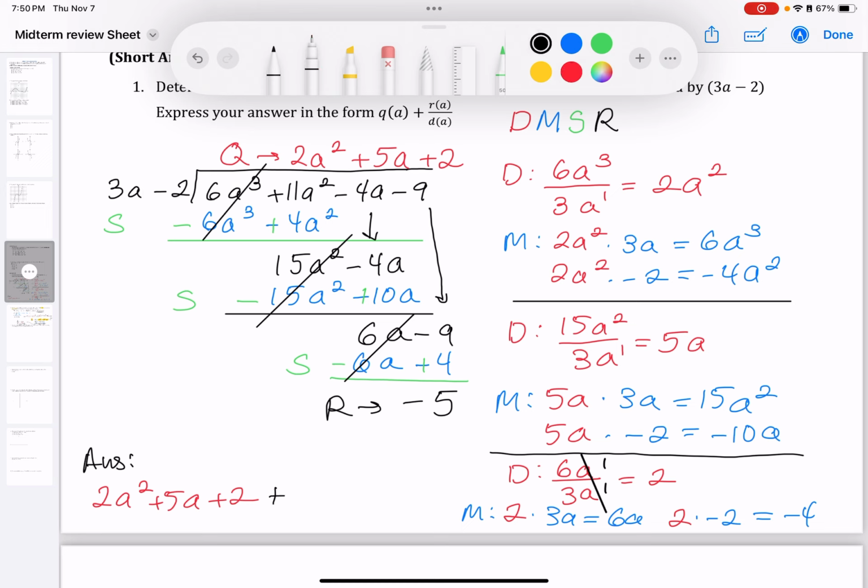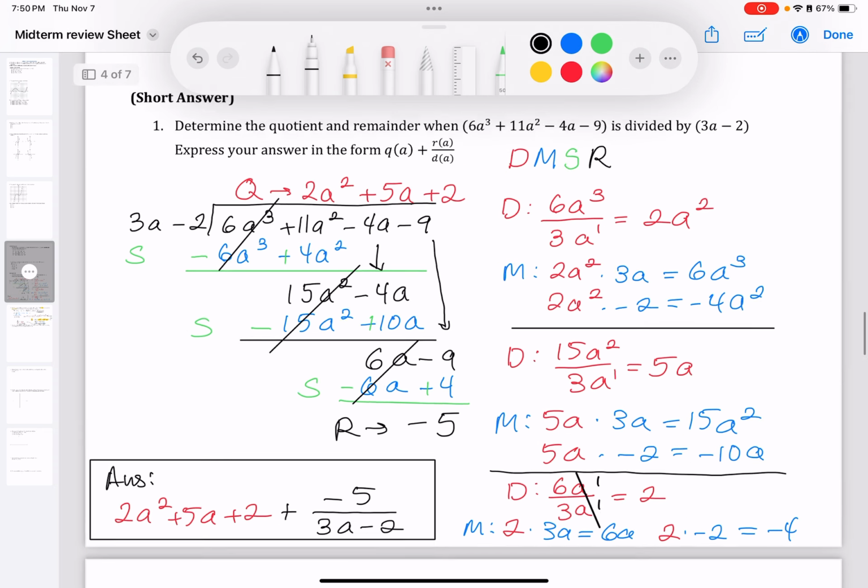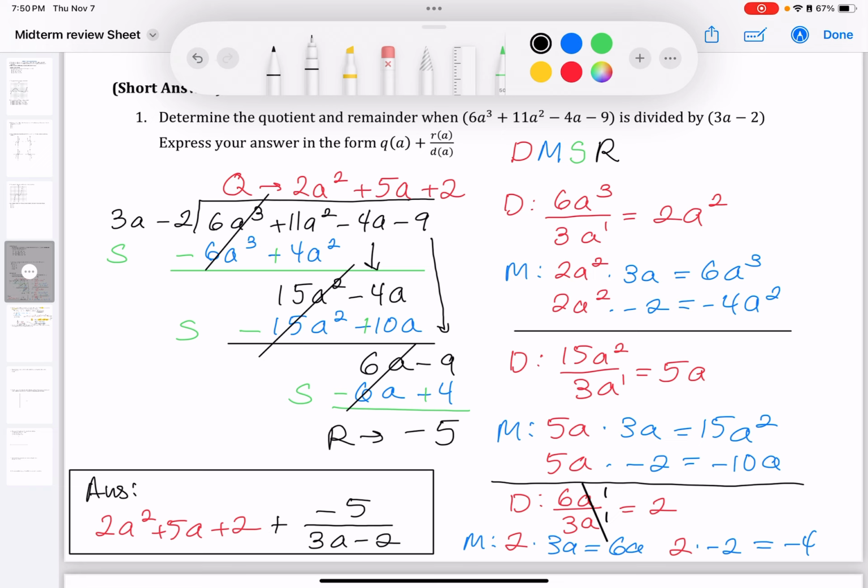So plus the remainder is -5, divided by the divisor, which is 3a minus 2. So there you go. That is your long division process. In this case, we did DMSR 3 times.